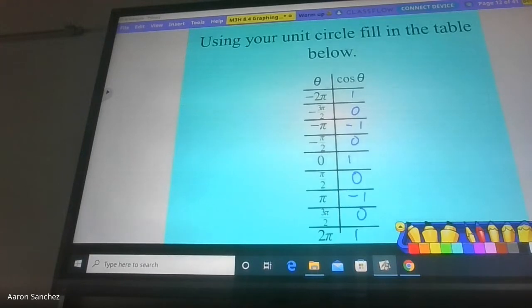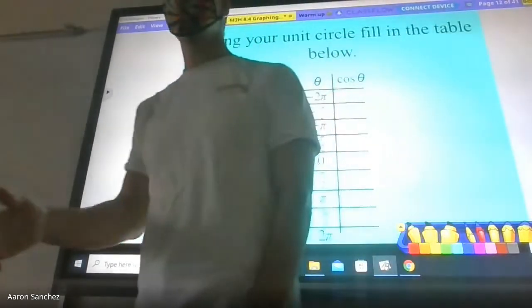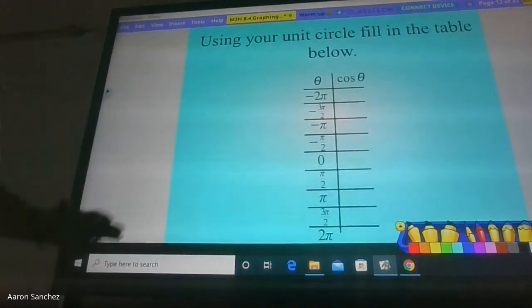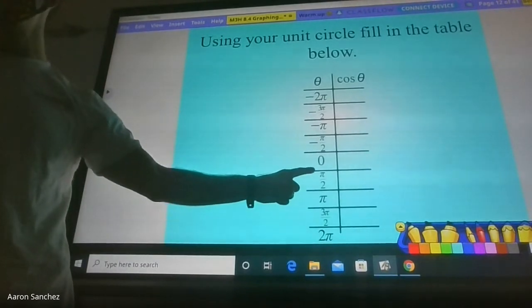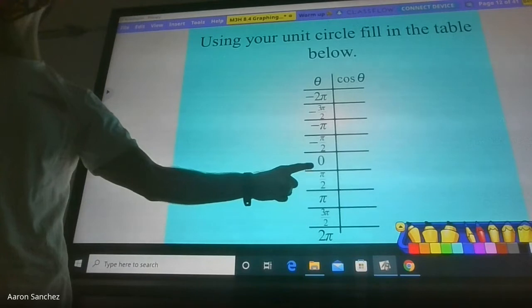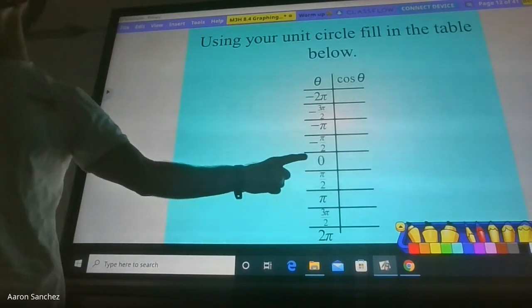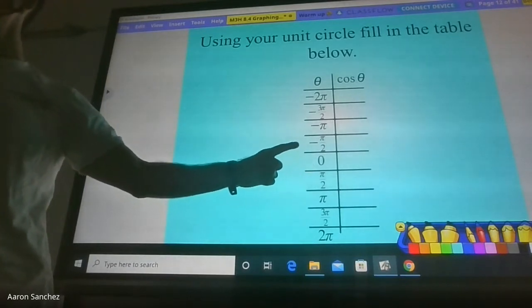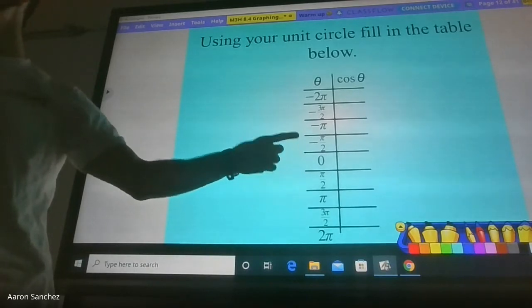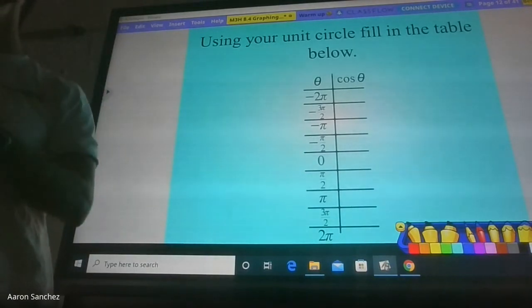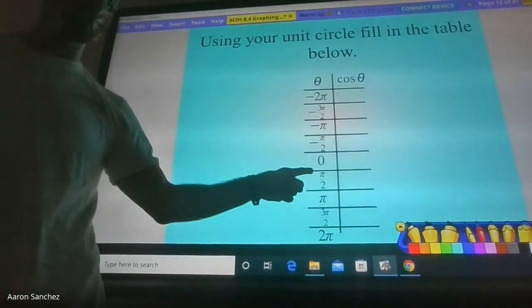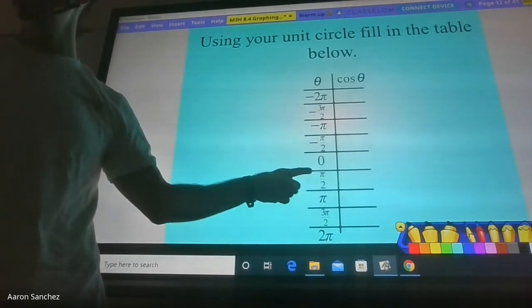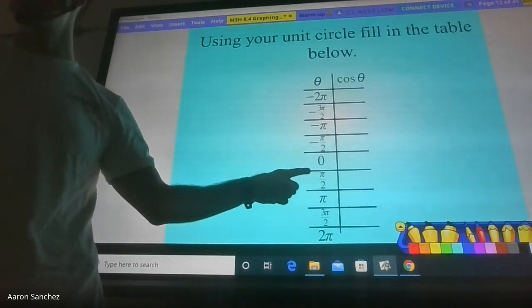Okay, let's do cosine. We'll do cosine a little bit quicker, okay? Remember cosine. Giselle, do you see pi over 2 on your unit circle?